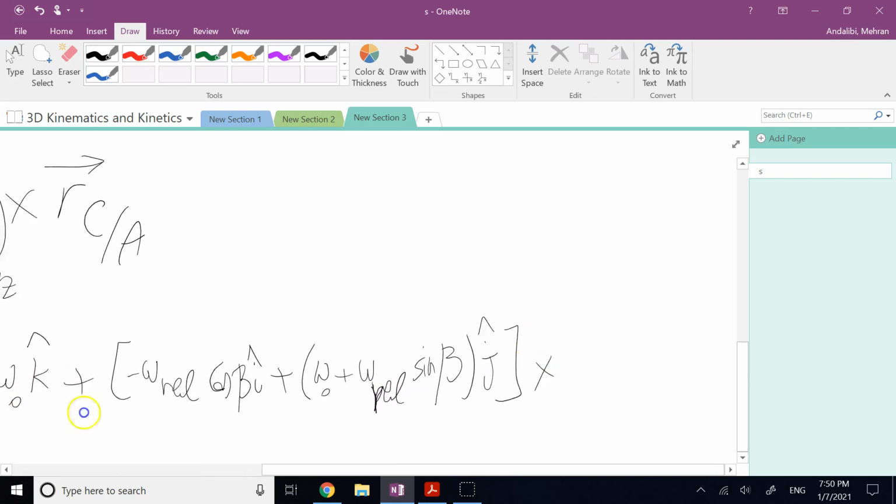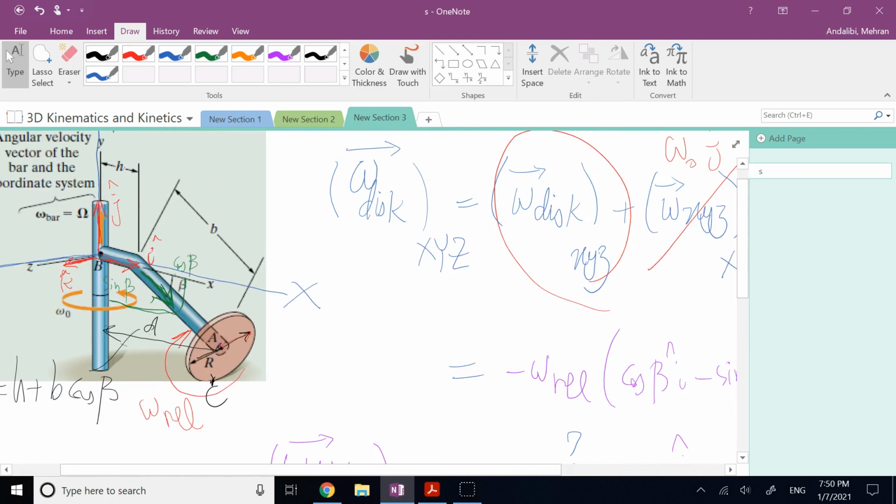This guy here cross r of c with respect to a, which is the vector that connects a to c, and that is this vector here. If I can use a color to show it, that's this vector. This is r of c with respect to a, and the magnitude of it is r. What is the direction of this vector?